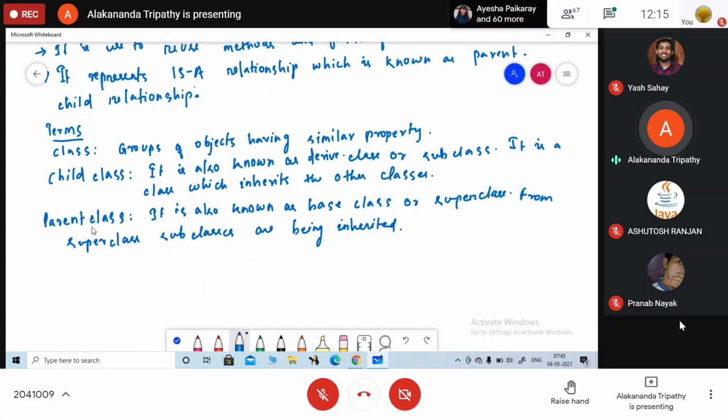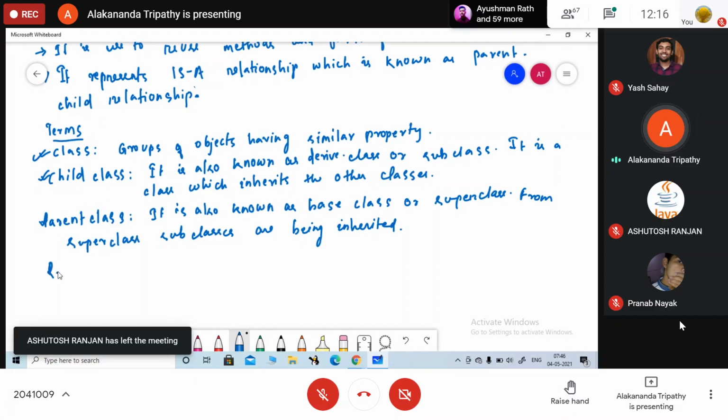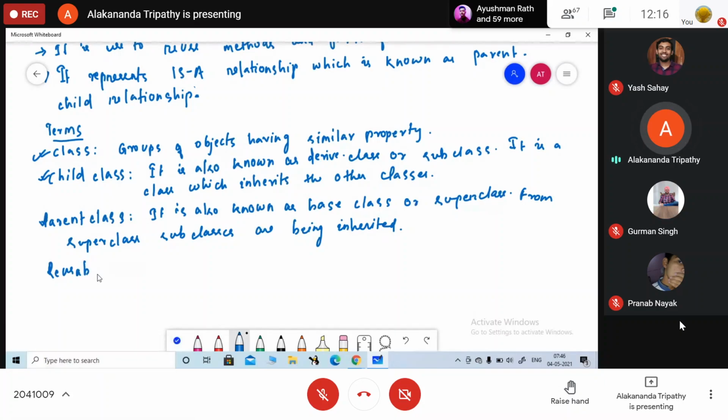These are the common terms we are going to use for class, child class, parent class. We will always use this parent-child. And there is another mechanism here. In inheritance, this is the basic advantage of inheritance: reusability. So it is a mechanism.